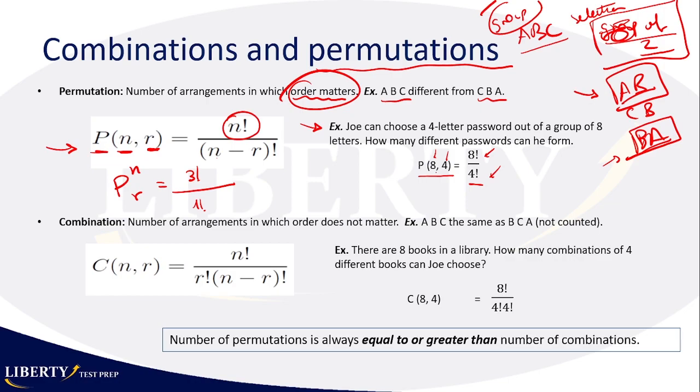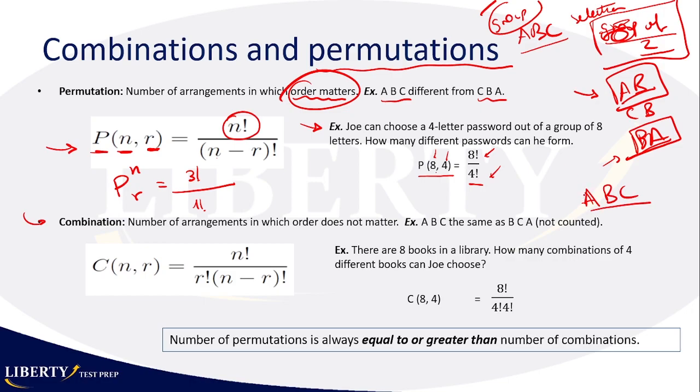Okay, now what does the combination do? The combination is a little different. The combination is the number of arrangements in which order does not matter. ABC is the same as BCA, so both of them are counted just as one. So for example, if you have again ABC, but let's say this ABC stands for names, so people.